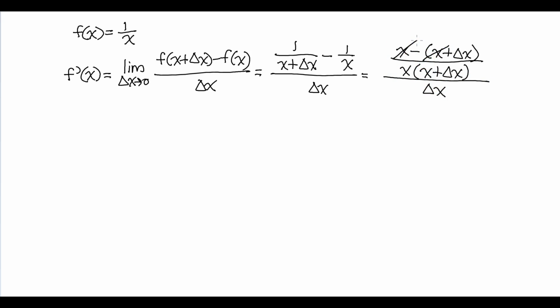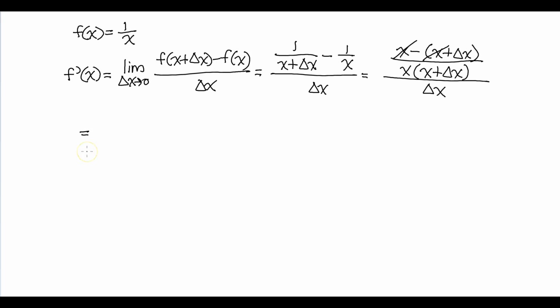Cancel, cancel. Good. So what we now have is, you might be noticing I'm not putting the limit. It's a bit of a pain, but we have to remember, at the very last expression, you should put the limit. It is still a limit, so I can neglect it for now. Okay, it's a convenience.